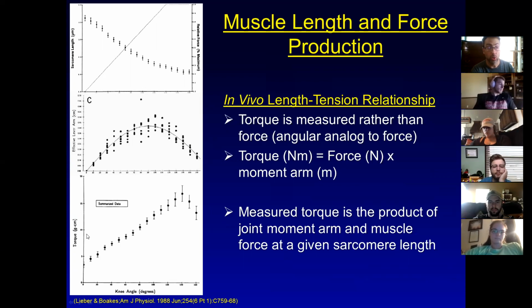What you can see here is torque production and knee joint angle. We've got 20 degrees of knee joint angle, and this goes all the way up to, I think, 160 degrees. In their particular experiments, we would need to look at how they're defining the range of motion at that joint.